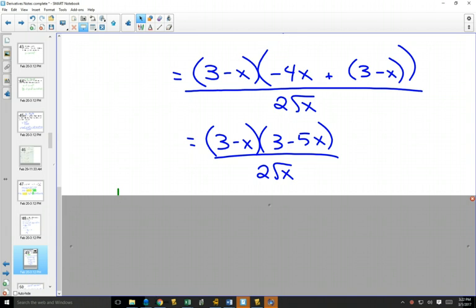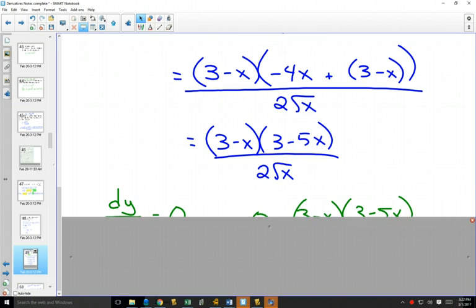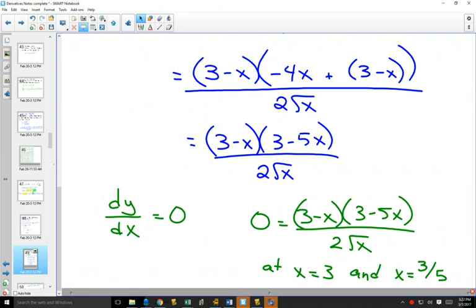Part 2 of this question said, when is the slope of this tangent horizontal? What do you know about horizontal lines and their slopes? Their slopes are 0. So basically, we're asking, when is this derivative equal to 0? And part of the reason this was really nice to factor is a fraction is equal to 0 only when its numerator is equal to 0.